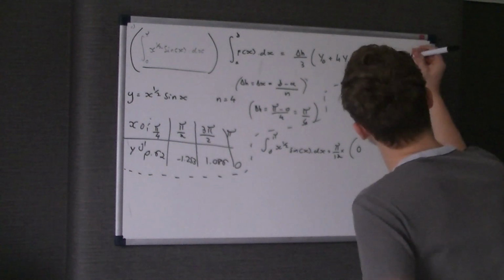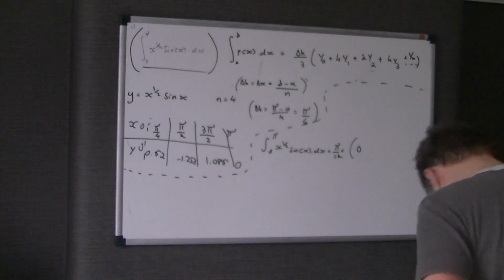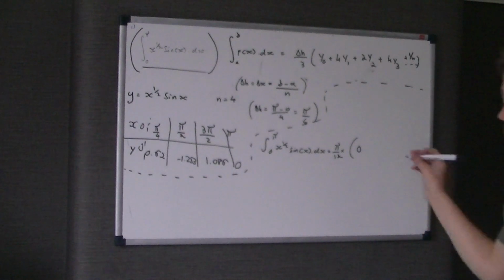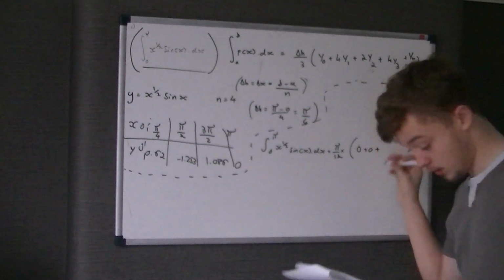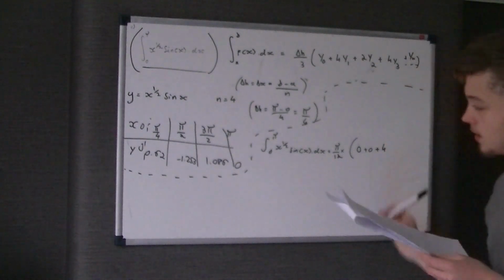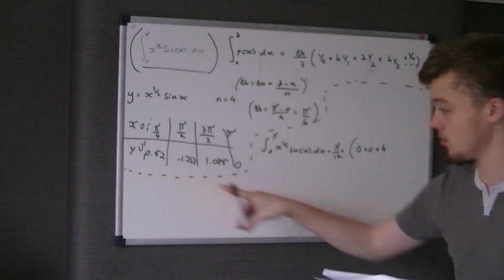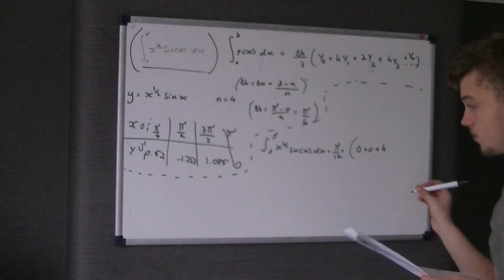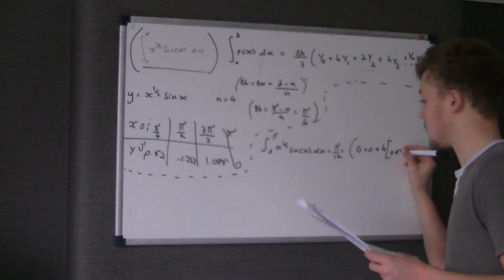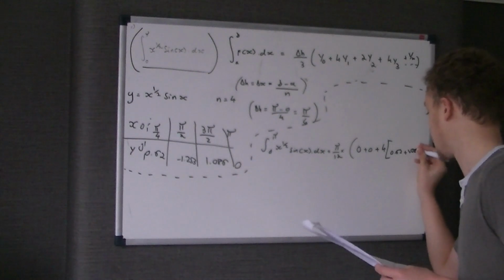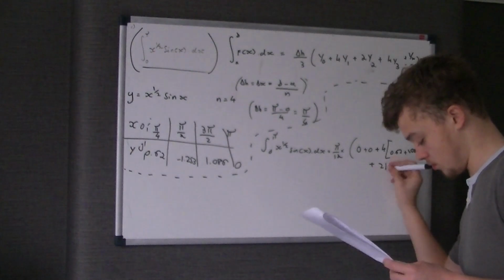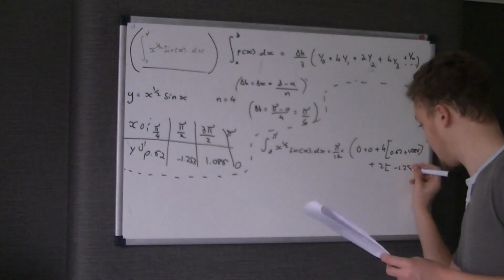So you plus yn. So that pattern continues right up to the last y coordinate, where you just write the last y coordinate. So I'm going to write 0 plus 0, and then 4 times all the y coordinates that get multiplied by 4. So 4 times, that'll be these two, so 0.62 plus 1.086, sorry, plus 2 times the other y coordinate of negative 1.253.